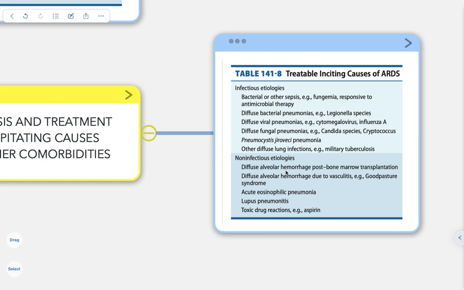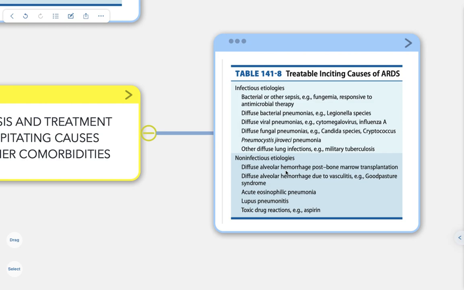So, the infectious etiologies that are treatable include diffuse bacterial pneumonias or sepsis, that is due to Legionella species, bacterial or other sepsis, that is due to fungi, which is responsive to antimicrobials, diffuse viral pneumonias like cytomegalovirus, influenza A, and these days SARS-CoV-2, diffuse fungal pneumonias, that is Candida, Cryptococcus, or PJP, other diffuse lung infections which include miliary TB.